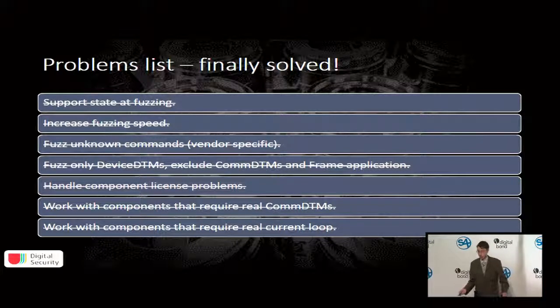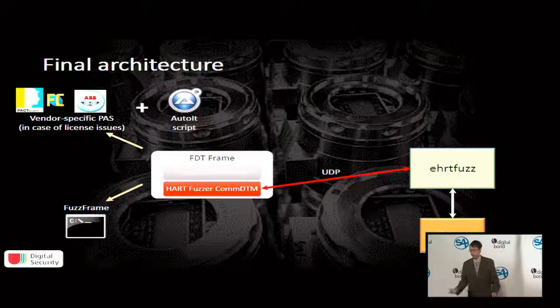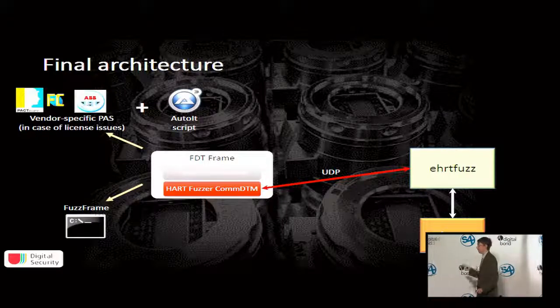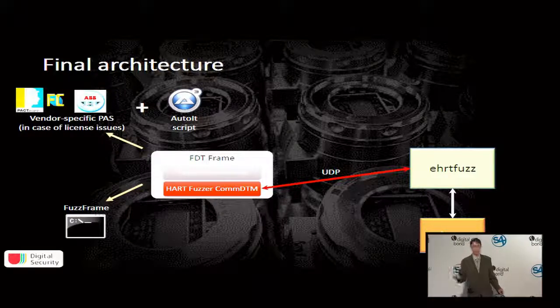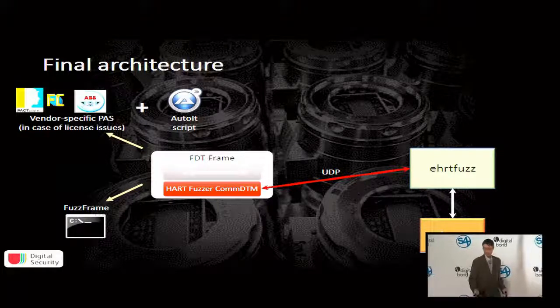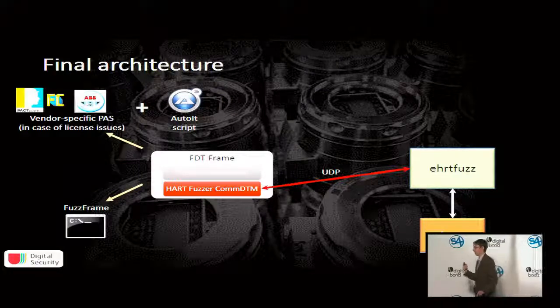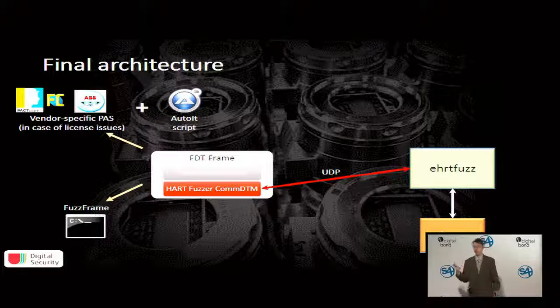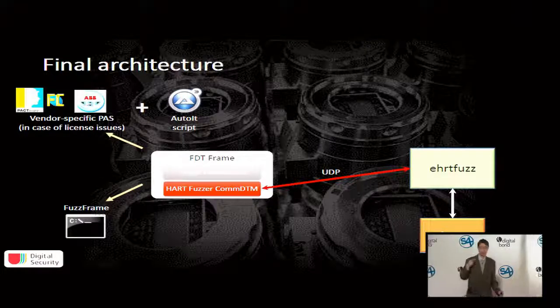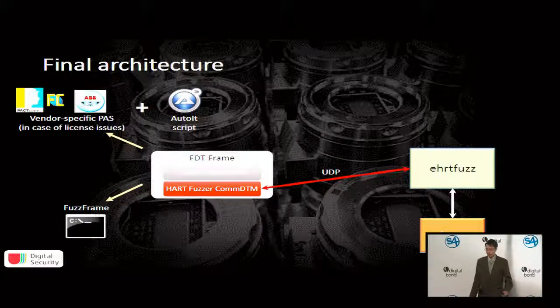So I've solved all these problems and could show you the final architecture. In the simplest and fastest case, which works for almost 90% of the HART DTM components, we have such infrastructure: an FDT frame, a target device DTM that we want to fuzz, and the eHART fuzz and Erlamsa, which do generation and mutation-based fuzzing, create new templates, mutate these templates, hold the state of the component, and talk to the HART comm DTM fuzzer over UDP.